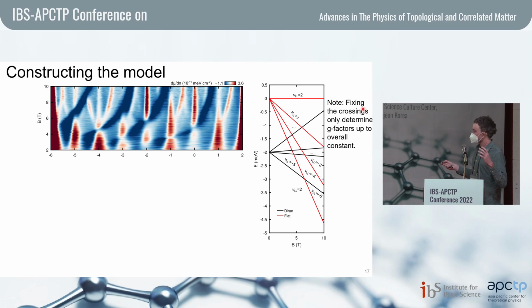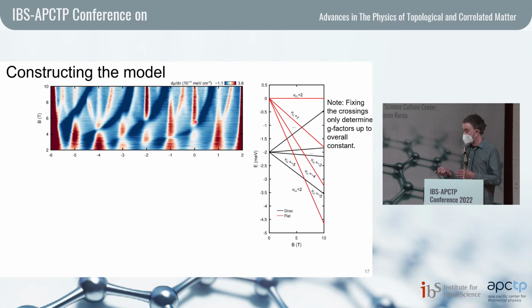I want to mention that we can only determine this up to a constant because we also need to assume an energy band offset for the flat and Dirac sectors. Here the red is the flat band, black is the Dirac Landau levels. This level diagram generates a set of gap closings at the integer fillings that agrees well with the experiment.